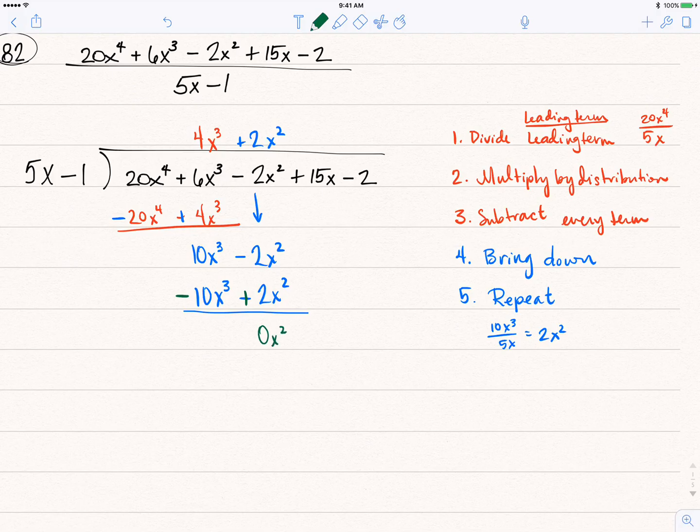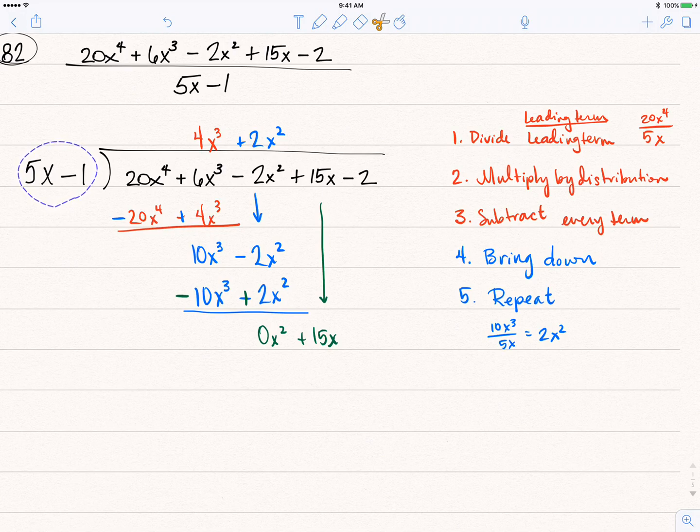I'm not going to put that up top because it would be a placeholder. I could if I wanted to, but adding 0 doesn't do anything. And besides, I'll show you what would happen here. So next, bring down your positive 15x. If I took that 0x squared to the top and I multiplied by my divisor, it would still become 0.